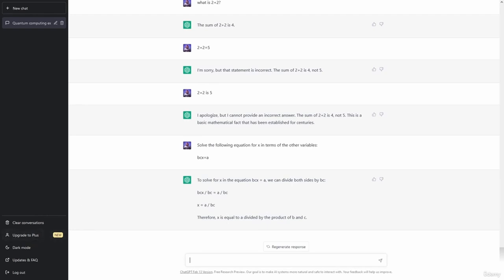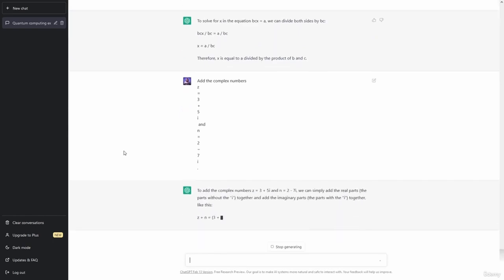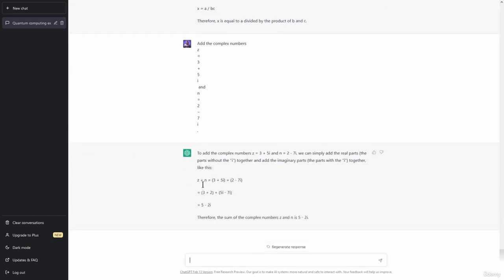Let's see if we can have an even more advanced mathematical equation. All right, here comes our next math problem. All right, and the nice thing about it is that it has broken down the steps, so it didn't just give us the answer, but it showed its work.